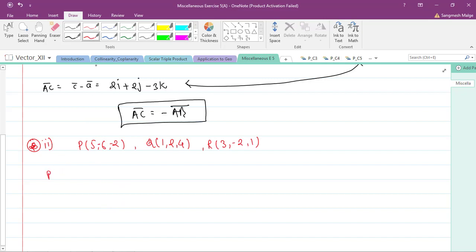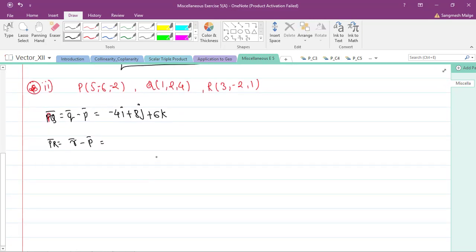Find PQ bar, which is Q bar minus P bar: 1 minus 5 is minus 4i, 2 plus 6 is 8j, 4 plus 2 is 6k. PR bar is R bar minus P bar: 3 minus 5 is minus 2i, minus 2 plus 6 is plus 4j, and 1 plus 2 is 3k.